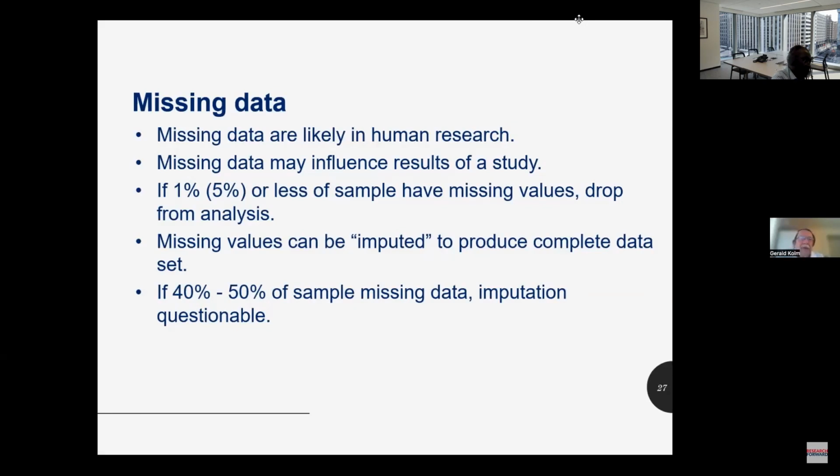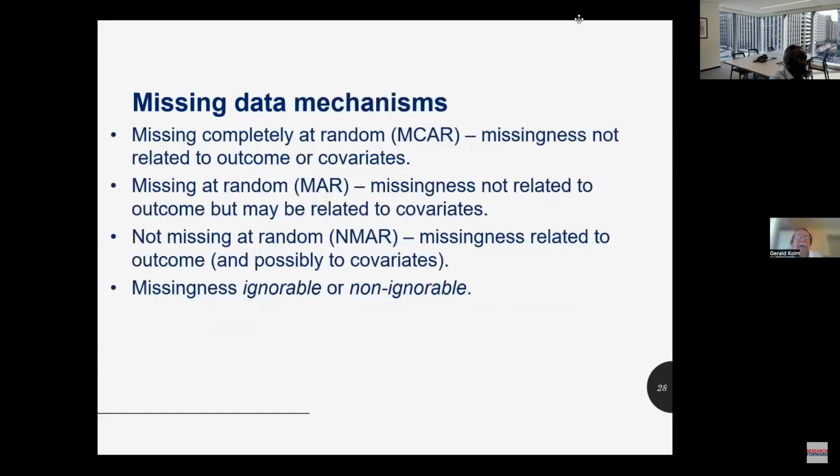Now, if you have a study where you've got 40 to 50% missing data, then even doing imputation is kind of questionable. In large studies like this, every effort is made to get the data, but it's just impossible to get complete data when you have large studies like this.